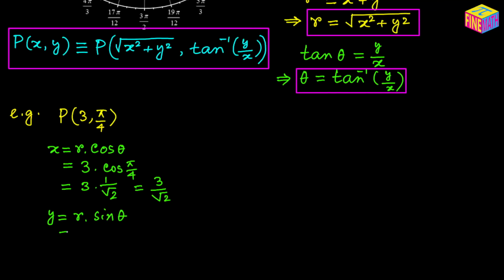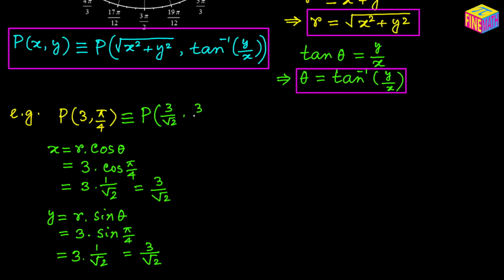Now in this case r is equal to 3 and sine of pi over 4 is 1 over square root of 2, so that is equal to 3 over square root of 2. So then the Cartesian coordinates of P will be like this. I'm just writing it right there next to the question. So P can be denoted as 3 over square root of 2, 3 over square root of 2.